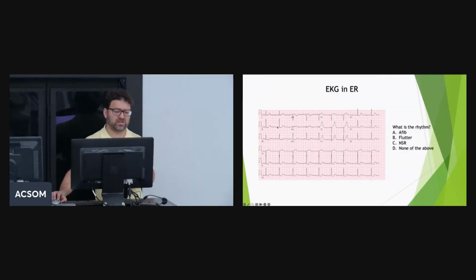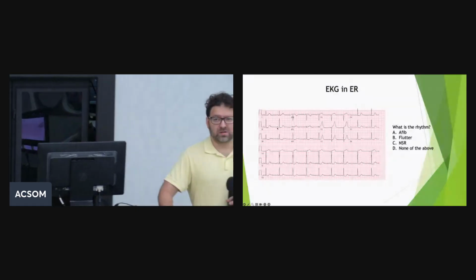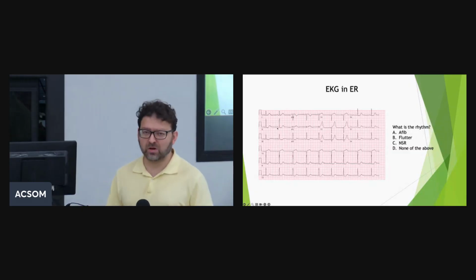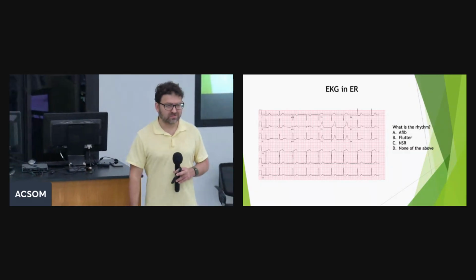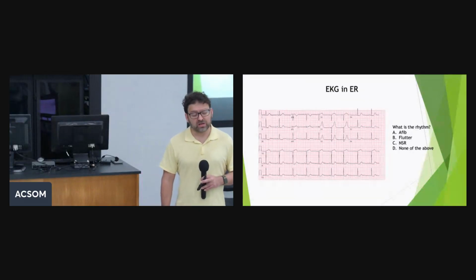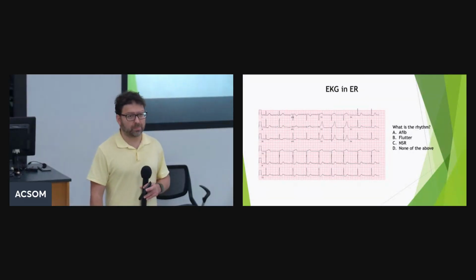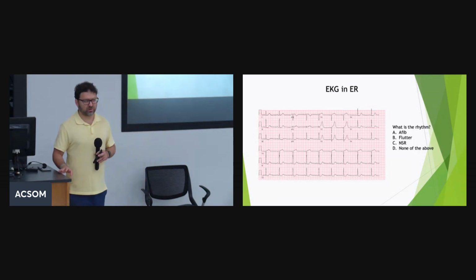Upright P wave in 1 and 2 means that it's sinus rhythm. Let me remind you, a P wave only denotes atrial depolarization. If the morphology of the P wave is upright in 1 and 2, it is sinus rhythm.